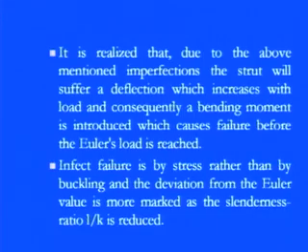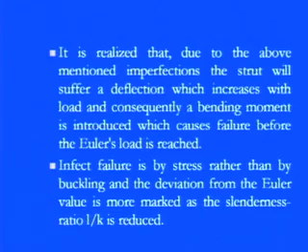And in fact, failure is by stress rather than by buckling, and the deviation from the Euler value is more marked as the slenderness ratio is reduced. The slenderness ratio is L divided by the radius of gyration k, that is L by k.